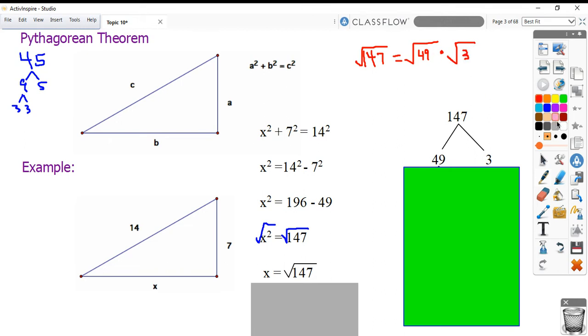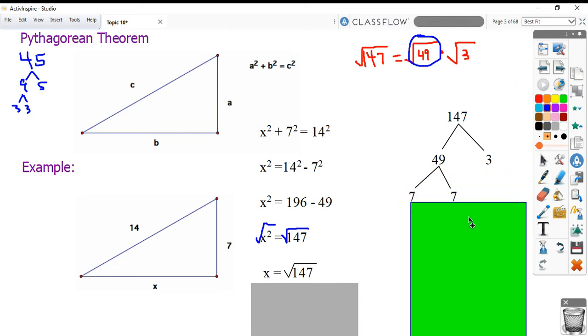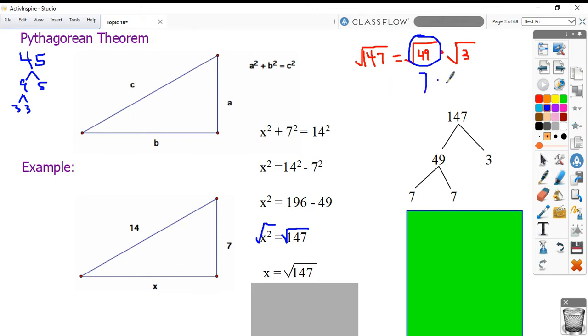Now, the square root of 49 is something we already know, because we know that 49 can be broken down into 7 times 7. So instead of writing square root of 147, we could say that that is equal to 7 times the square root of 3. And that's what our final answer is going to be.